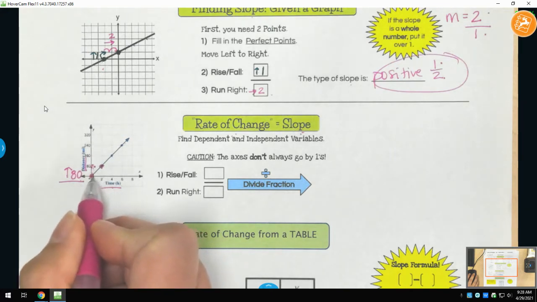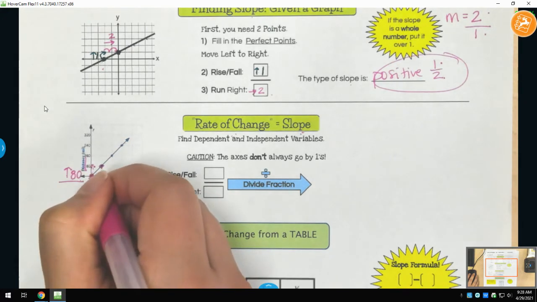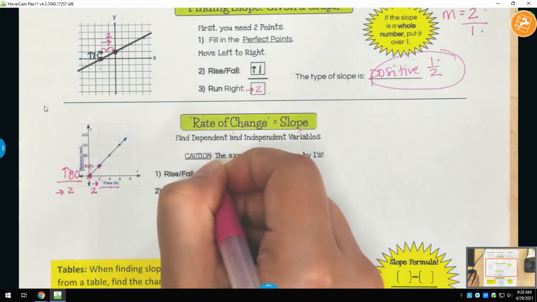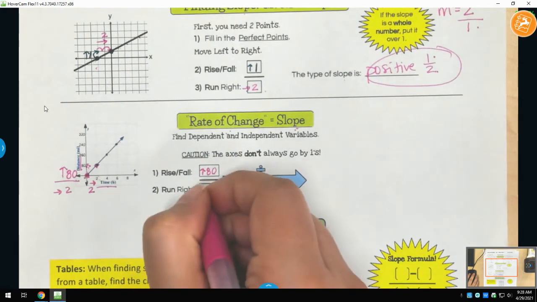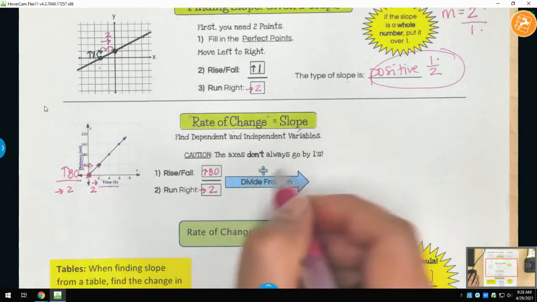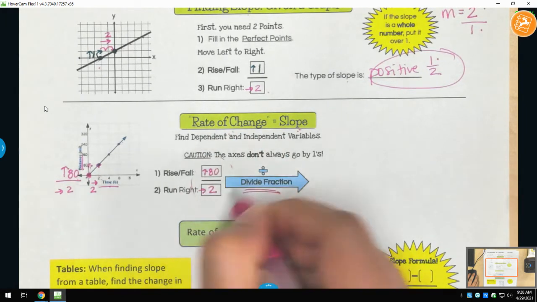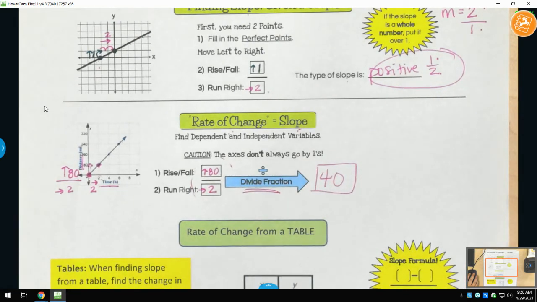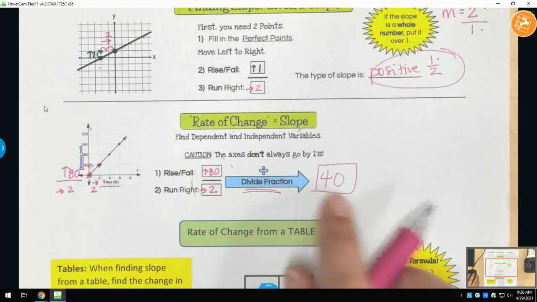But really, I can see that from 0 to 2, I'm counting by 2's down there. So I went up positive 80, right 2. And so dividing that fraction out, simplifying that, gives me a rate of change of 40. Okay, so that's my rate of change.